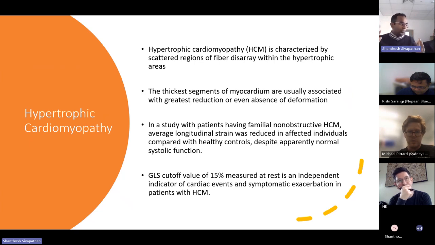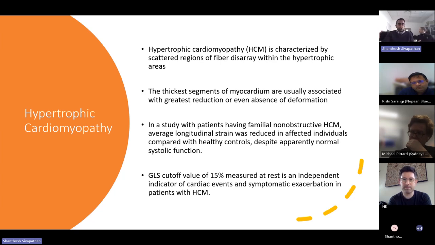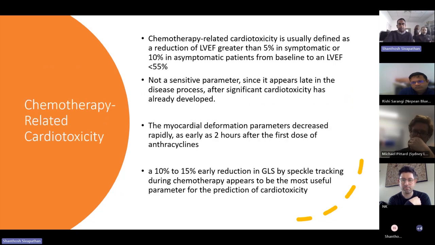The EF is still normal, but you can see it's not really squeezing or contracting as well as you'd like. But when you do your GLS, you can actually see that there is a reduction, and a cutoff of less than 15 was shown to be an independent indicator of adverse cardiac events in HCM.